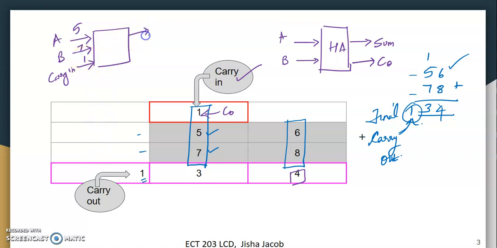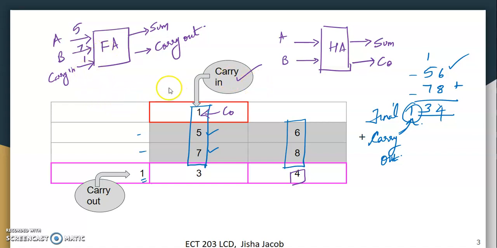The output also goes by sum and carry out. In this case the carry out is the final carry out, therefore let's call it carry out itself. This kind of adder is called a full adder. F for full, and adder.